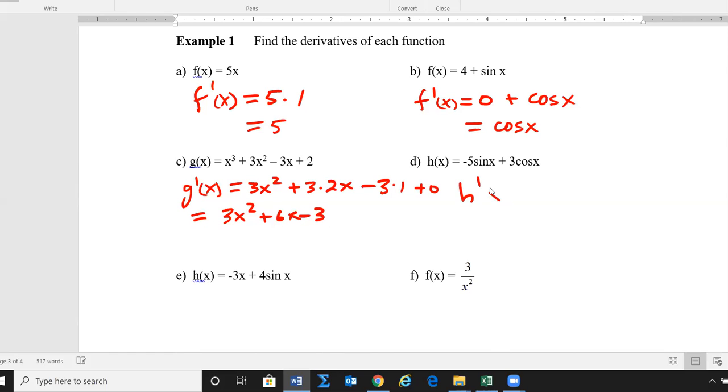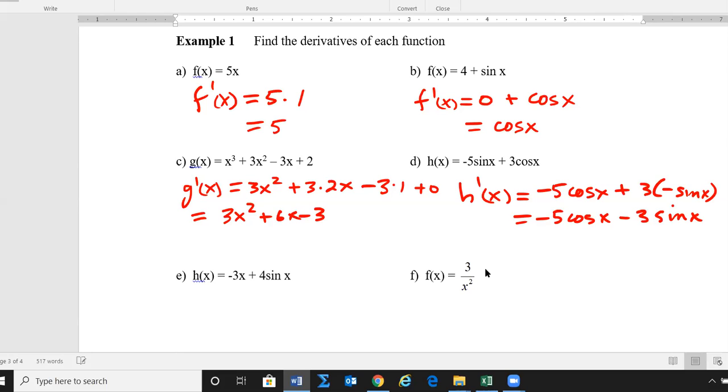Let's do h prime here. So 5 times the cosine plus the constant 3 times the derivative of cosine, which is negative sine. So you can rewrite that as minus 5 cosine of x minus 3 sine of x.